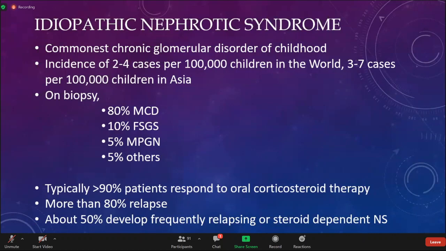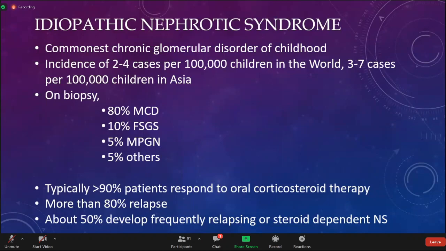Primary has subcategories like congenital nephrotic syndrome and idiopathic nephrotic syndrome. Or there is another in-between category, what you call infantile nephrotic syndrome. Therefore, idiopathic nephrotic syndrome comes under primary nephrotic syndrome, and the secondary is usually due to other causes.